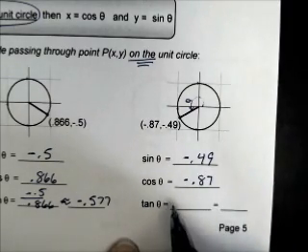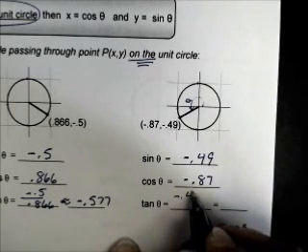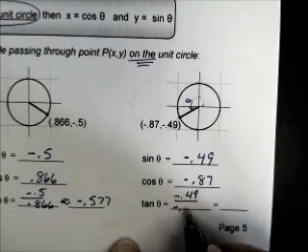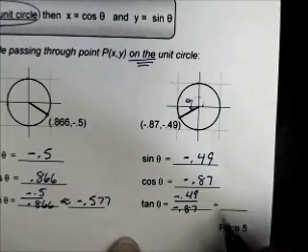And the tangent would be the sine over cosine, negative 0.49 divided by negative 0.87, approximately positive 0.56.